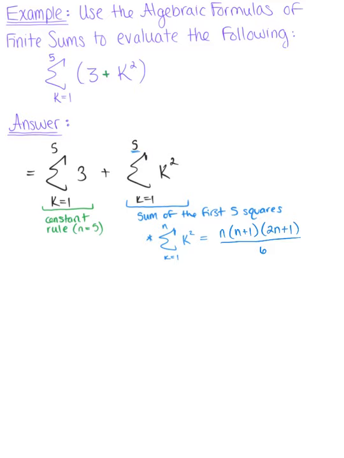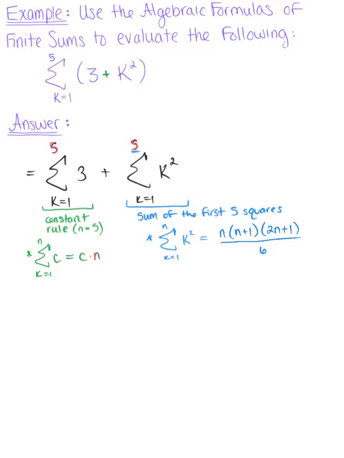And for the constant rule, we'll keep in mind that if we have the sum from k is 1 to n of a constant c, that becomes c times n. Again, here we are specifically working with n equal to 5.